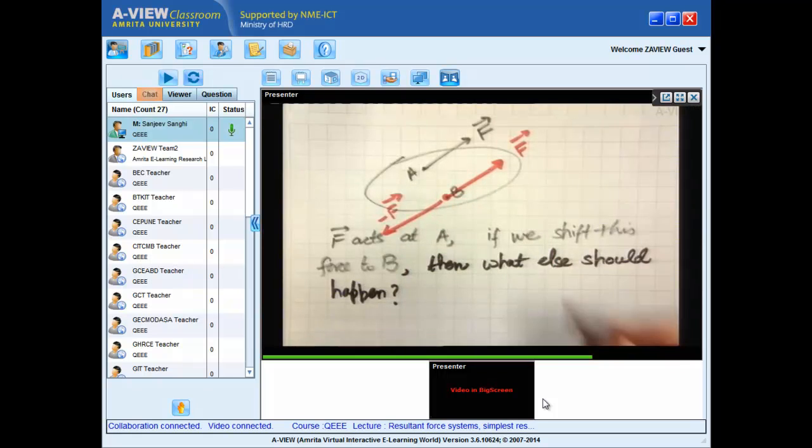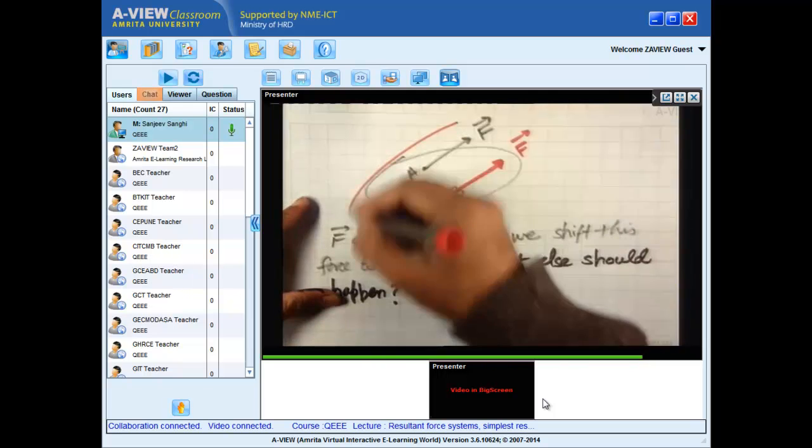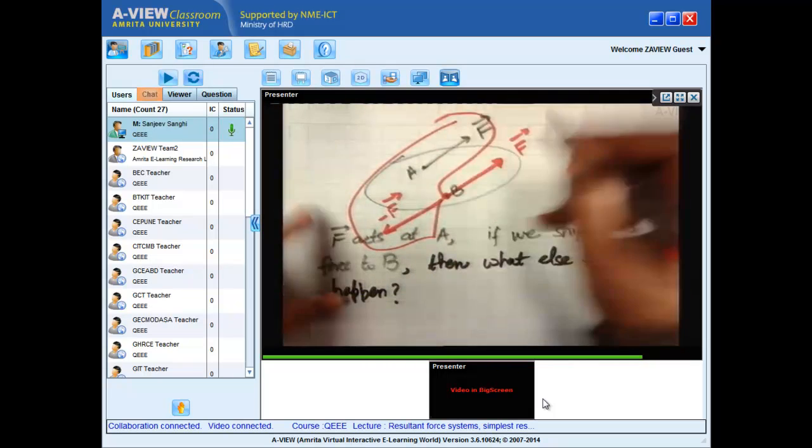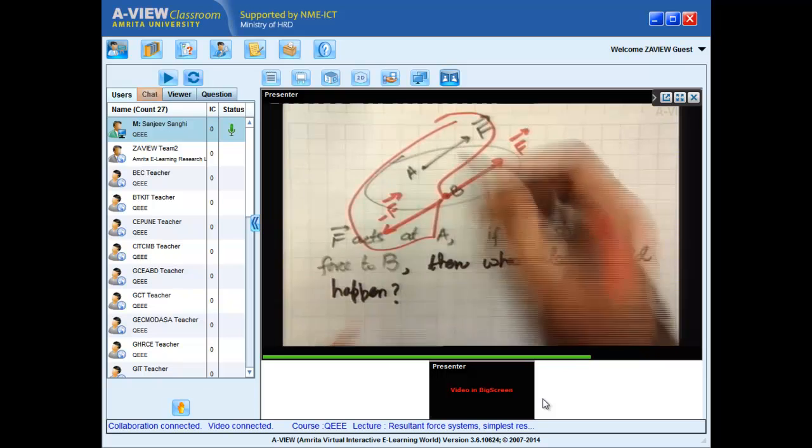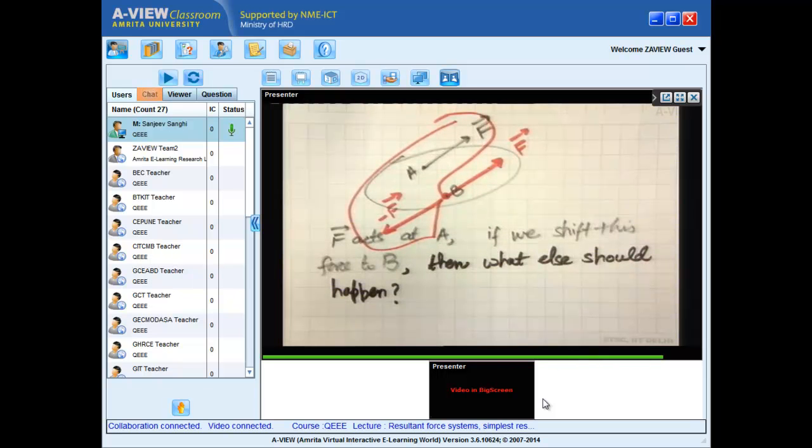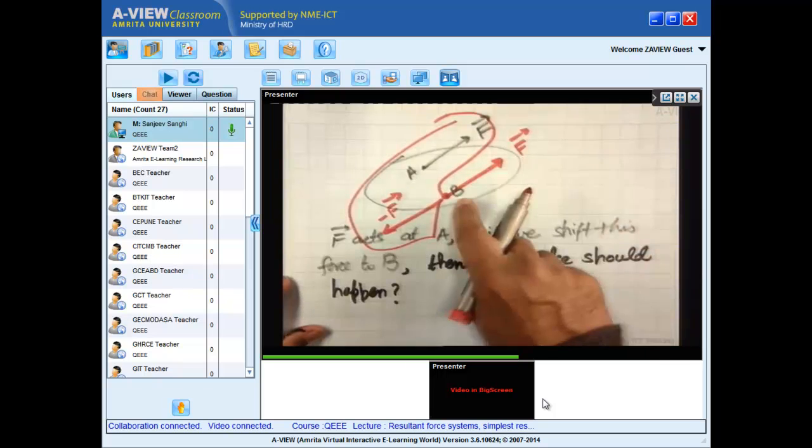Now if I look at these two things together, the force F acting at A and the force minus F acting at B, what does this form? Clearly this forms a couple. And what about the force F acting at B?